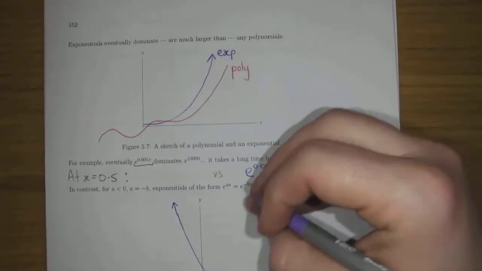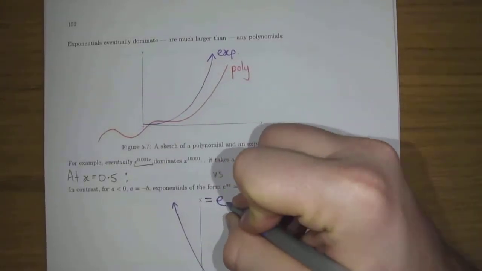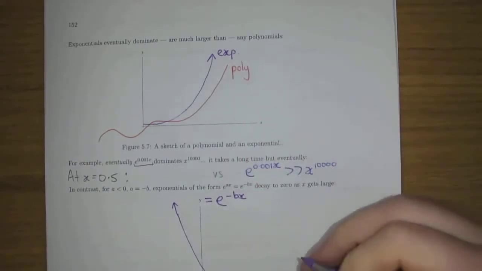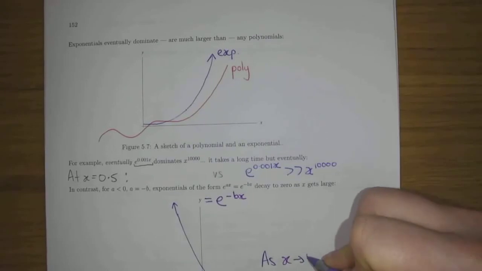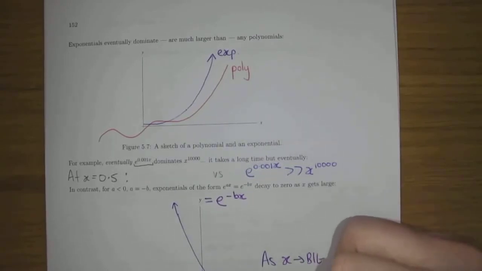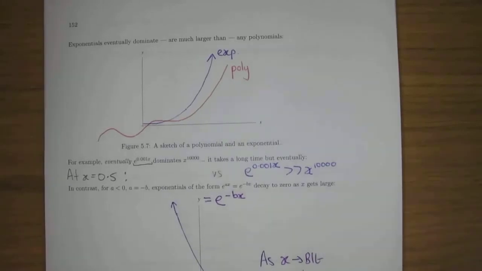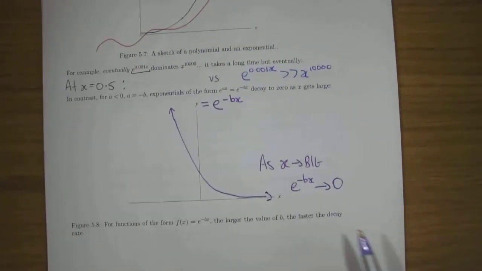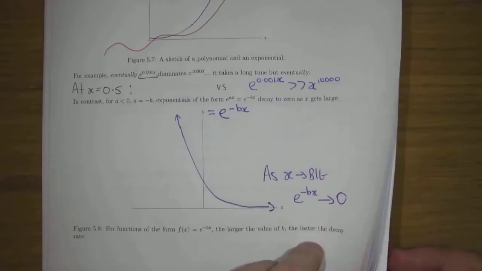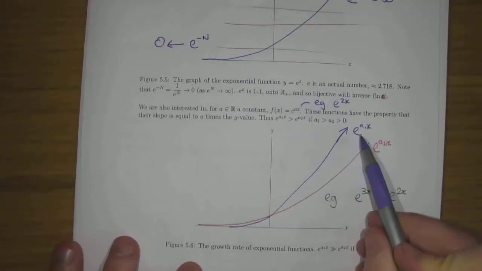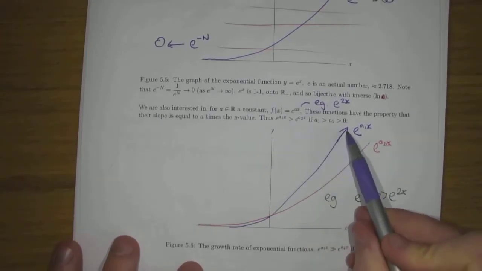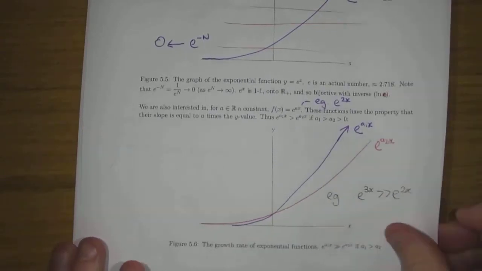So this is, say, y equal to e to the minus bx. As x gets big, e to the minus bx gets small, it goes to 0. And the larger the value of b, the faster it goes to 0. This also can be seen on the previous page, although we didn't quite make it out. If an exponential grows faster over here, it'll go to 0 faster over here.